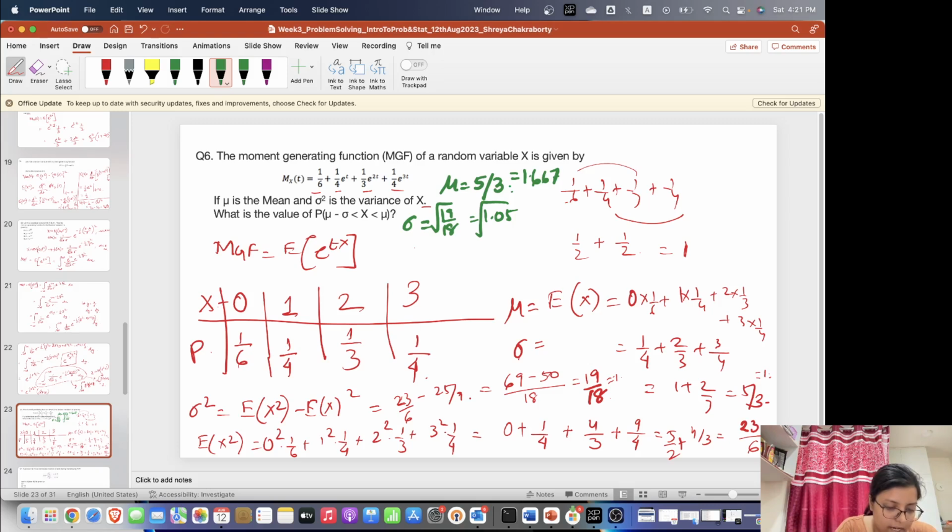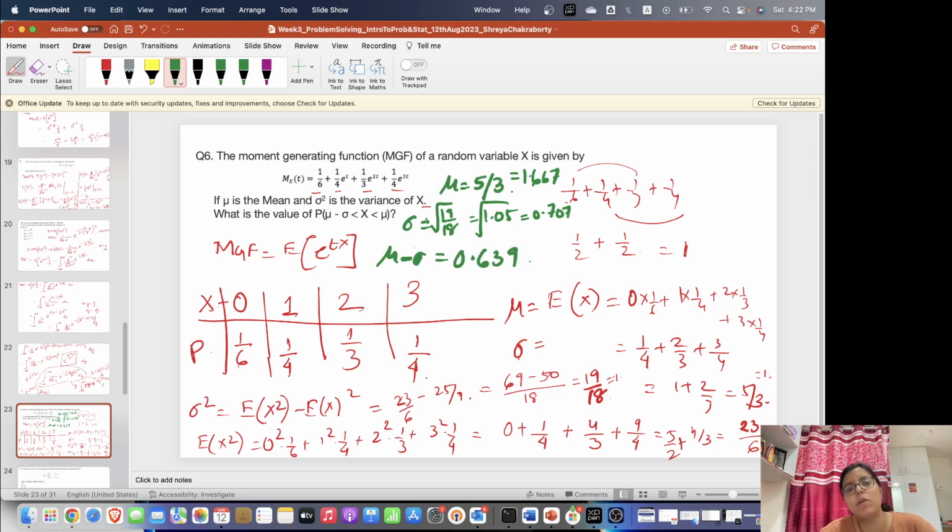Root over 19 by 18 is 0.707. Okay. So mu minus sigma is coming close to, if you do this, 5 by 3, 5 divided by 3 minus square root of 19 by 18, this is coming close to 0.639.